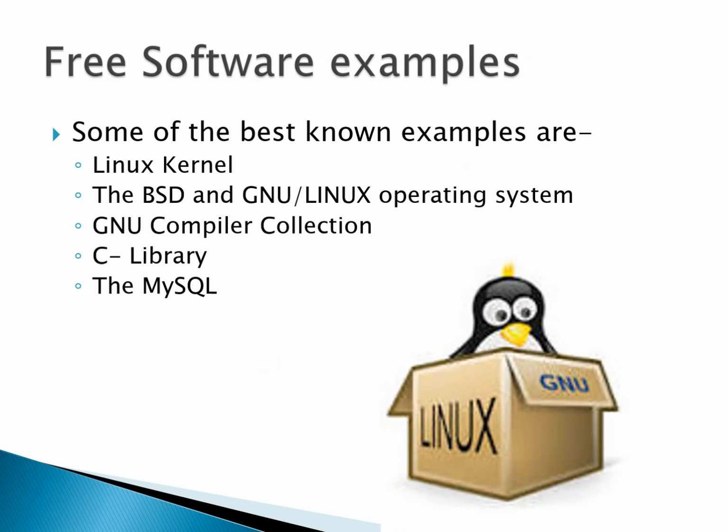So there are sufficient examples available for free softwares. Basically, many of the Linux platforms, operating systems, and the programs used in them are examples of free software. Some of the best known examples are the Linux kernel. The Linux kernel, as we have already studied, refers to the source code of the operating system Linux, which can be edited, used, redistributed, and modified by the users.